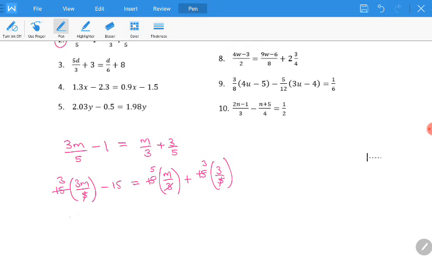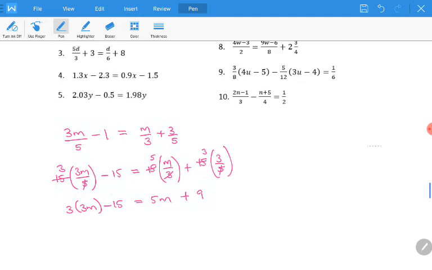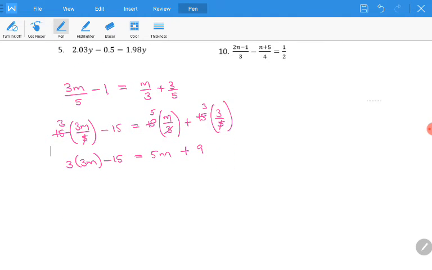So it becomes 3 bracket 3m minus 15 is equals to 5m plus 9. So then this simplifies to 9m minus 15 is equals to 5m plus 9.